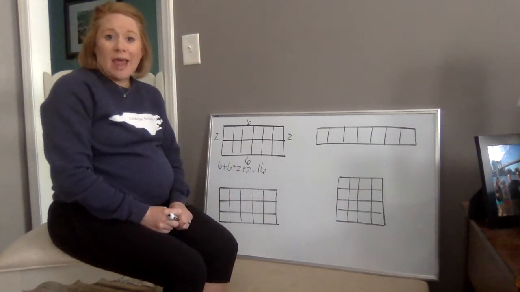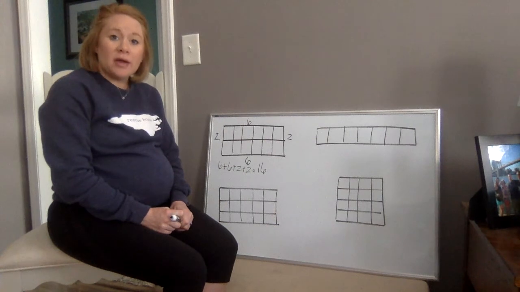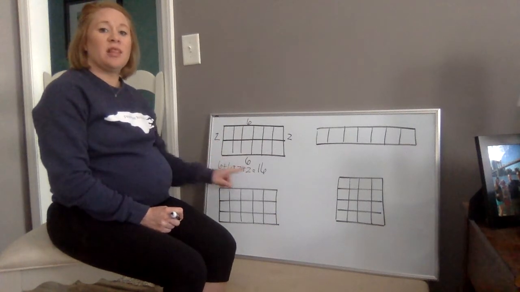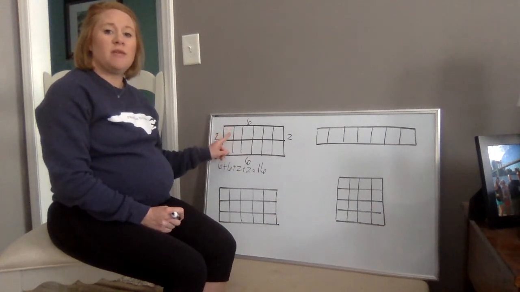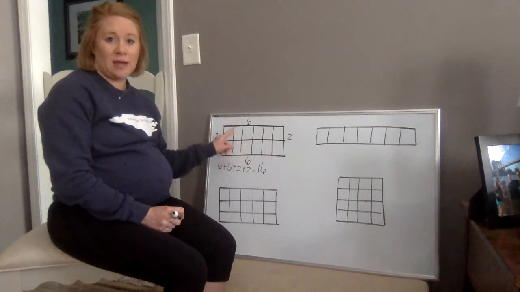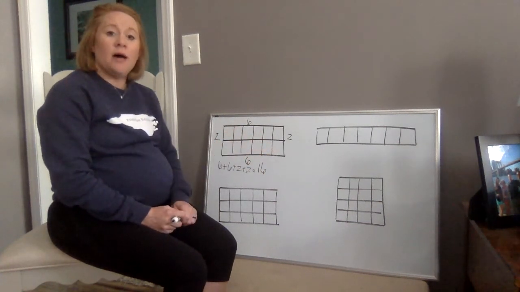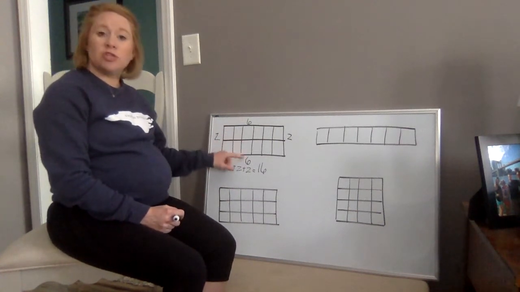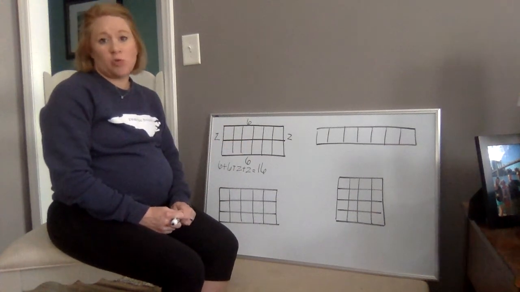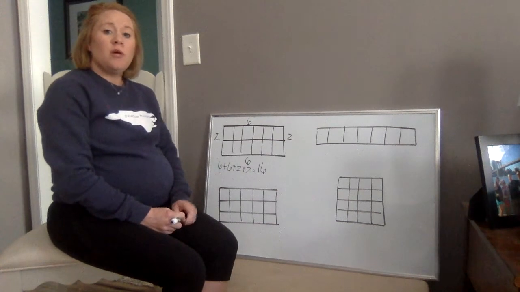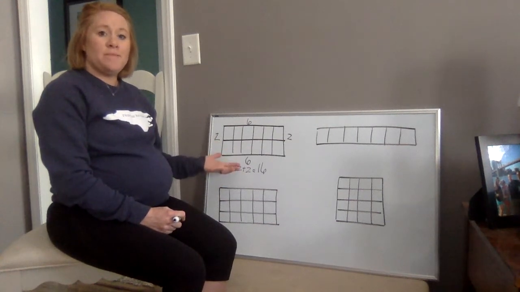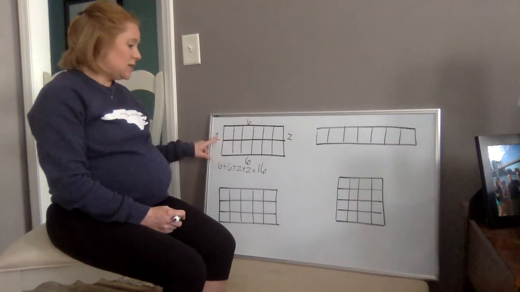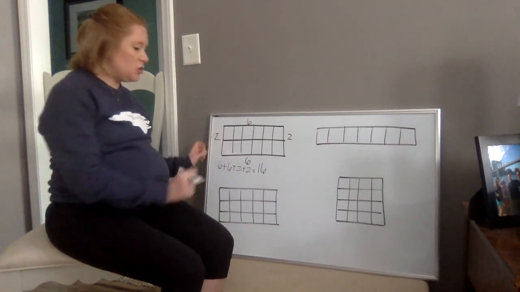Now let's look and see what the area might be. Remember, area is when we do the length times the width to figure out how many total squares take up the entire space of the quadrilateral. So I could just count the squares, but they don't always give us squares to count. So we can do our equation that we know is 6 times 2, the length times the width.